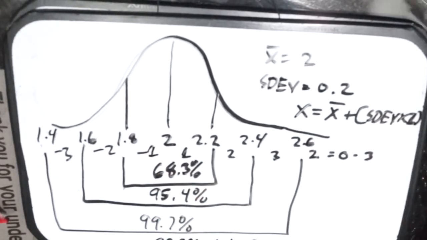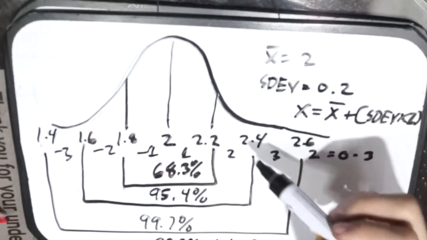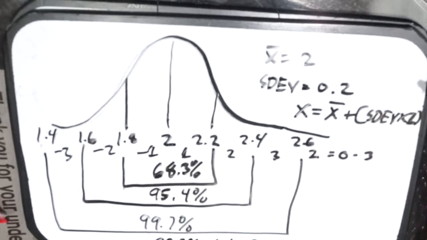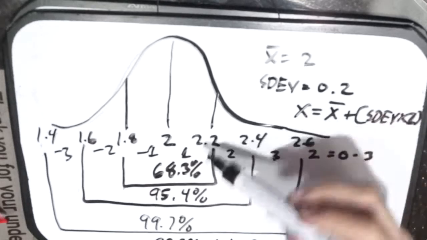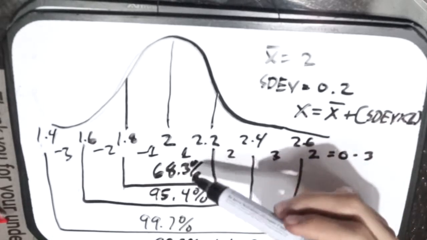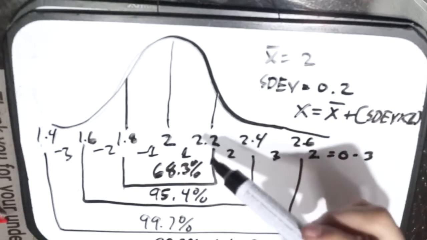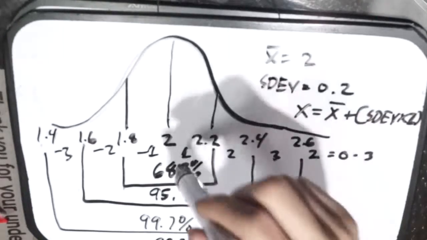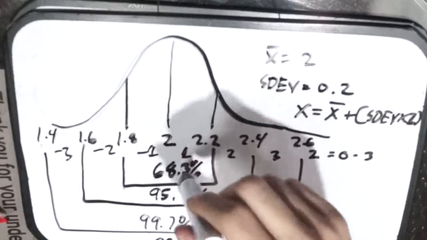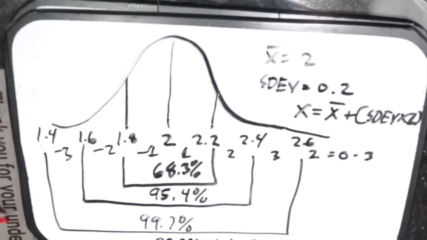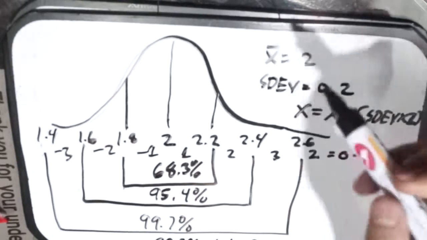And normally what they do is they give you a z-score table with corresponding percentages. And you'll notice that each z-score would have a corresponding percentage, like one z-score on either side, and both sides would have 68.3%, right?